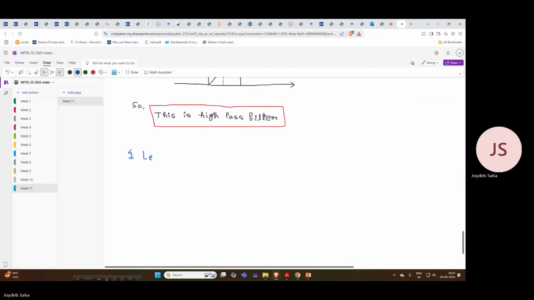Let x of n is equal to 1 upon 2 to the power n u of n, and y of n is equal to x square n.